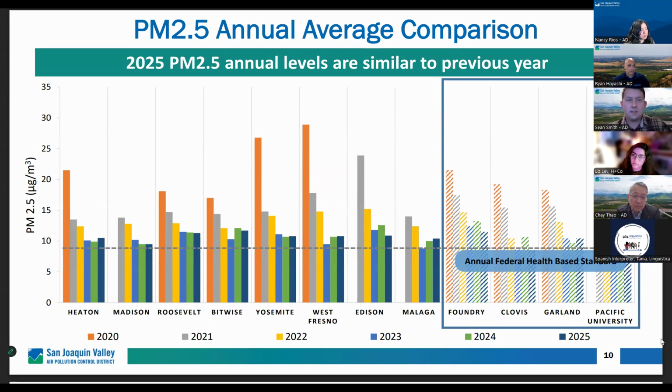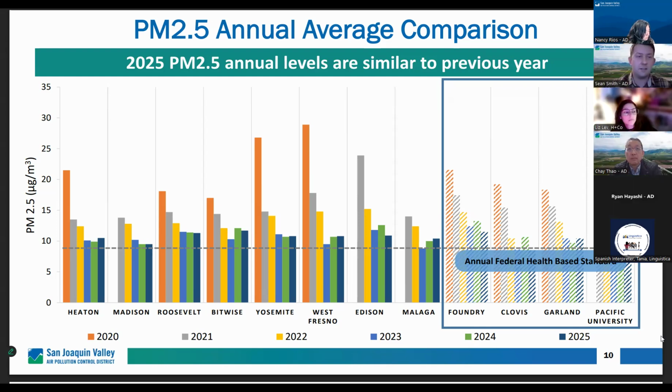So this slide depicts the annual average comparison, and we have our community air monitoring sites for PM 2.5 on the left-hand side. And then for reference, we also have the regulatory air monitoring sites. Concentrations are depicted on the left side, and on the bottom we have each specific site, and then the respective year is pictured in different colors.